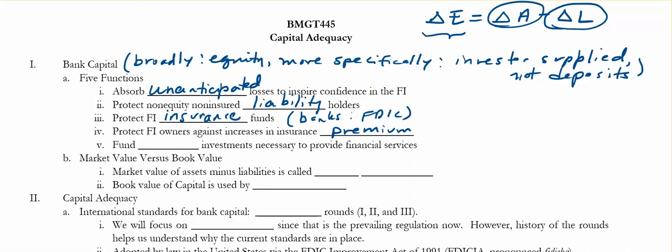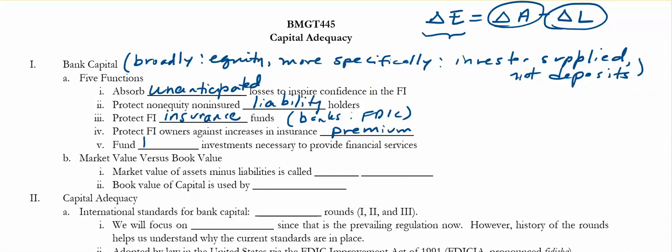If a bank has a low level of capital, it will be more likely to make a claim against the FDIC, and the FDIC will pass that cost back onto the bank in the form of premiums. So if the bank can have more capital, then they can save on the premiums they have to pay.